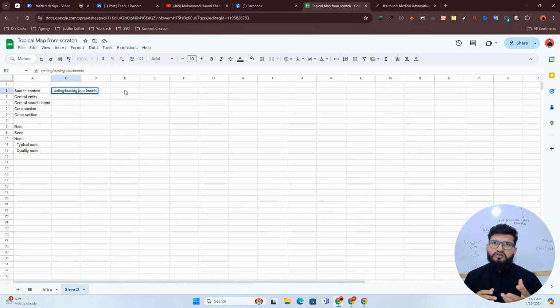Renting is basically a short term contract, like 1 month, 2 months, 3 months. Leasing is like a 1 year contract, a complete 1 year contract. So yes, there's a difference. So renting, leasing apartments. I'm thinking to make the source context sharper and very specific so I know how I'm going to approach my topical map.